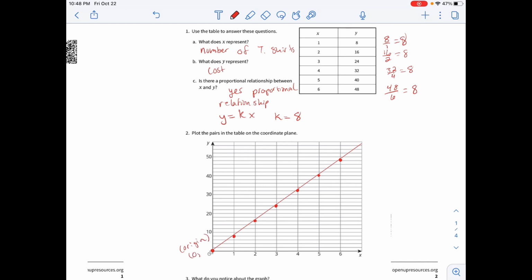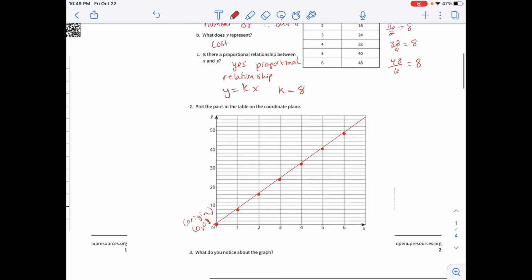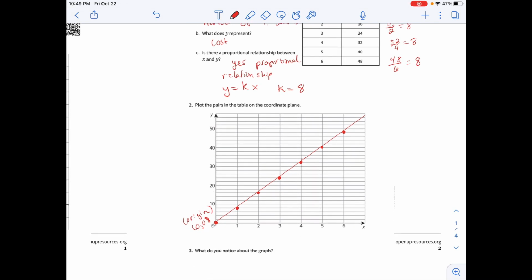So that would be where it's 0, 0. Okay. A proportional relationship when graphed will pass through the origin. Also, it increases consistently and will follow a straight line pattern as it's graphed.